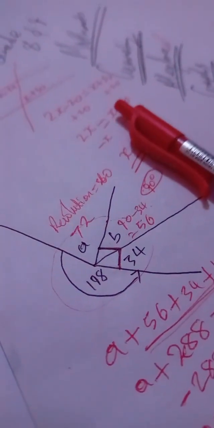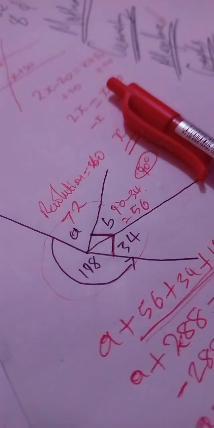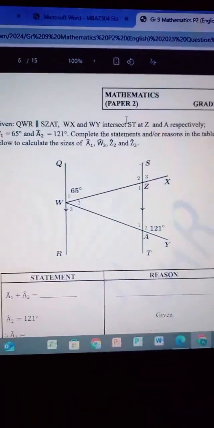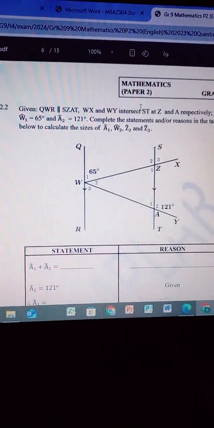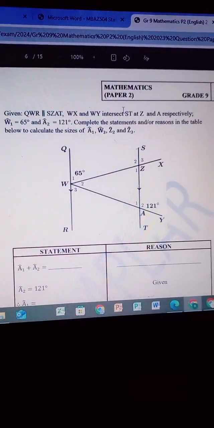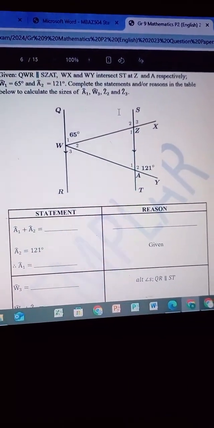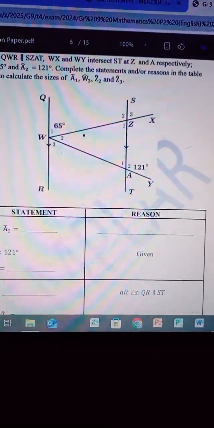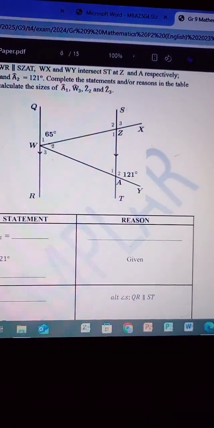From there, let's go to this one. Most of the grade 9 questions, they look for reasons.